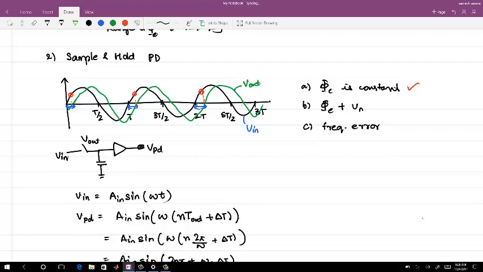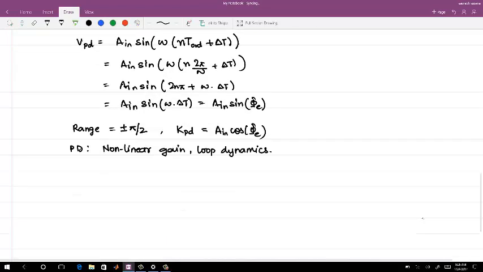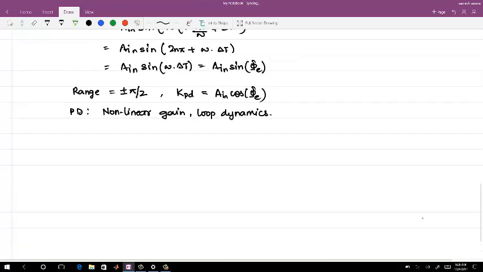Okay. So VPD, now how is this going to affect? You need to see with respect to all the filtering in the loop. So VPD has an aliased frequency spectrum.